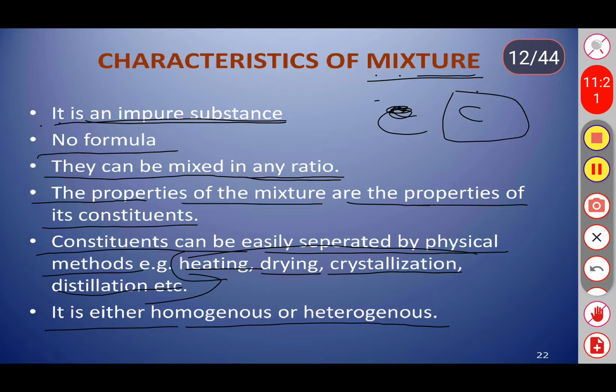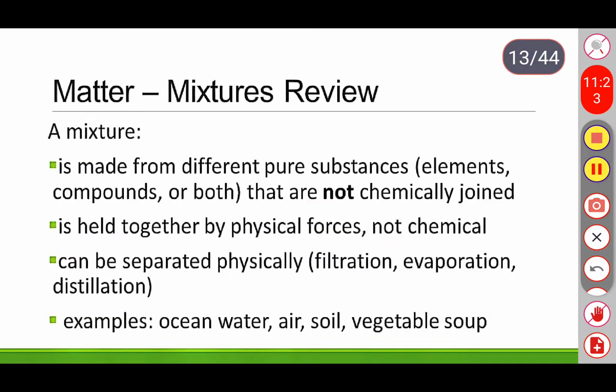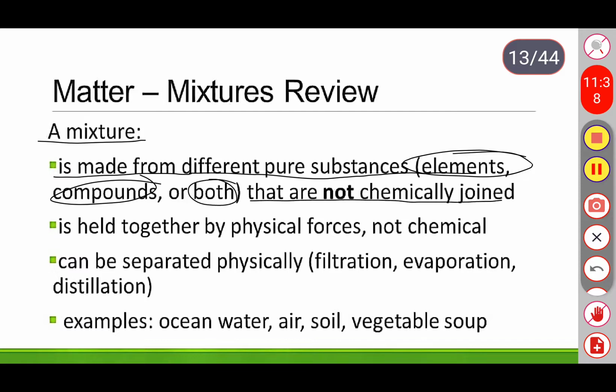See here, some more information is given about mixtures. A mixture is made up of different pure substances, whether it may be a mixture of elements or compounds or both, that are not chemically joined. It is held together by physical forces, not chemical.